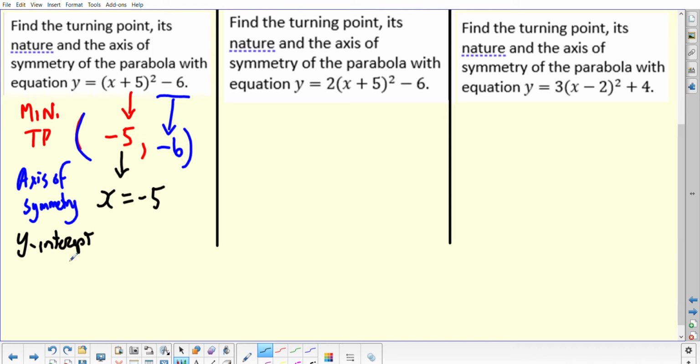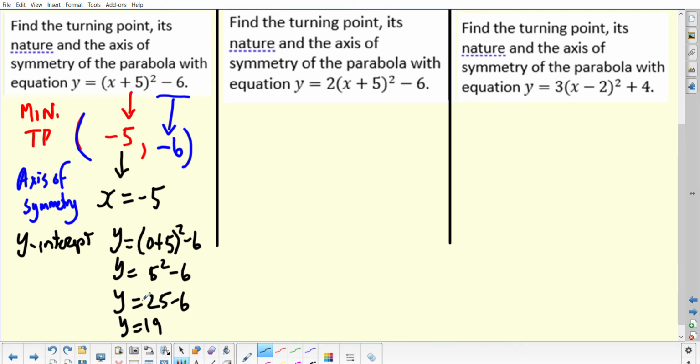The y-intercept, remember, is about subbing in x equals 0, so we do y equals 0 plus 5 all squared minus 6. That gives me 5 in that bracket, 5 squared minus 6, that's of course 25, take away 6, which is 19. So we end up with the y-intercept being the point 0, 19.